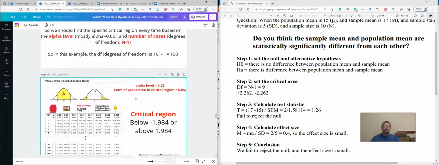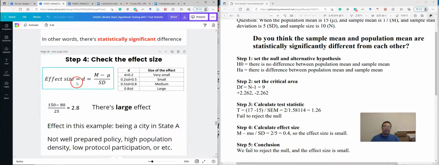And also, the equation of the effect size d is sample mean minus population mean divided by standard deviation. So that is again 17 minus 15, which is 2 here, and the standard deviation is 5. So the effect size is 0.4.